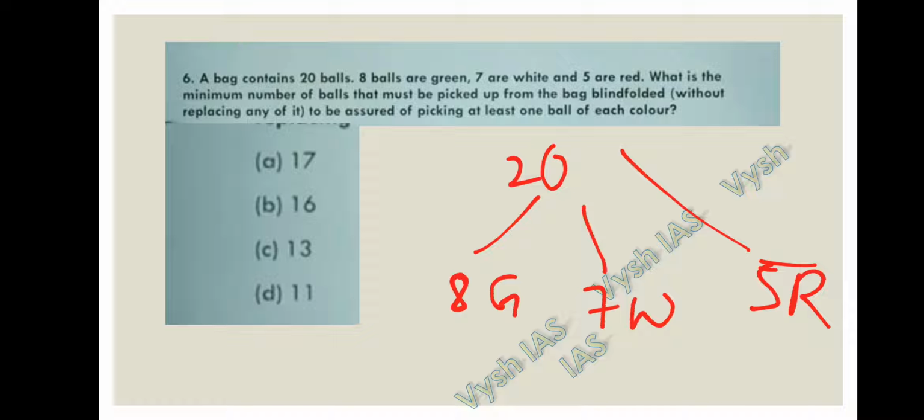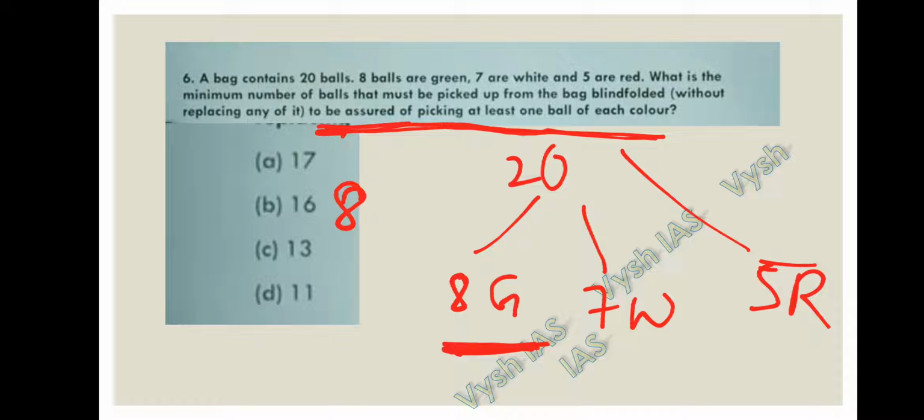This is the question. Listen and be careful with the condition. They have told us to be assured of picking at least one ball of each color, so we are not taking other things into consideration. Initially, let us think that in the first 8 attempts 8 balls are picked up. So 8 chances are over.